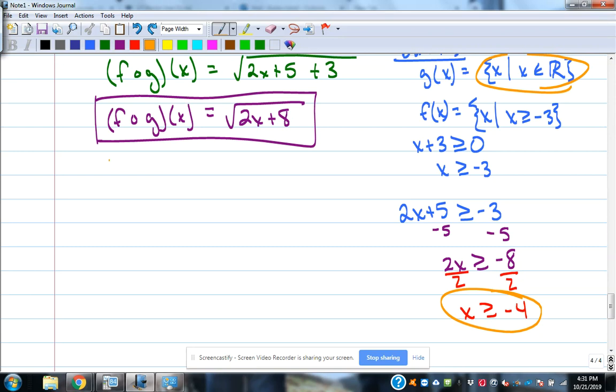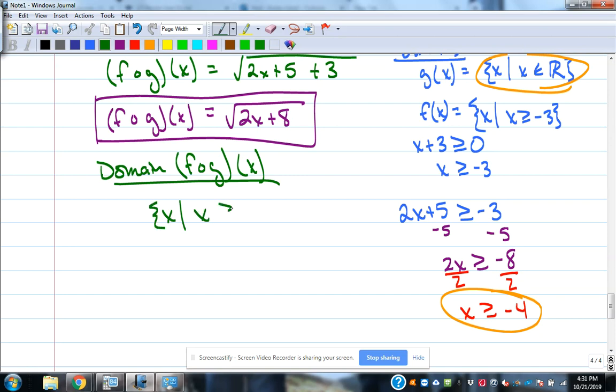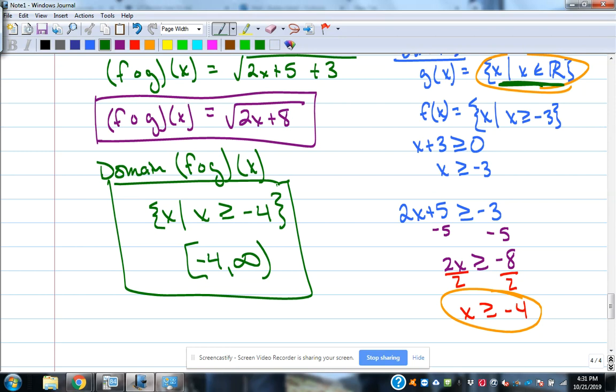So the domain of the composite function of f composed with g of x is going to be all x's as long as x is greater than or equal to -4. There aren't any restrictions up here, right? With the g of x function, it was all real numbers. There were no restrictions. So there's nothing extra to add other than that, okay? So this x is greater than or equal to -4, in interval notation, would be -4 to infinity. So there's our domain for that composite function.